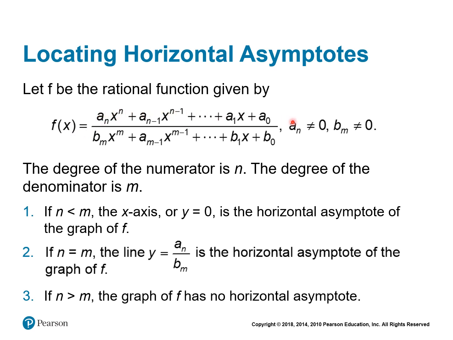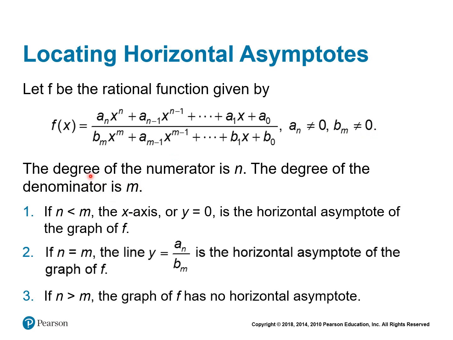f of x equals a rational function which has a polynomial expression in the numerator and a polynomial expression in the denominator, where a sub n is the leading coefficient of the numerator, is not equal to 0, and the leading coefficient of the denominator, which is b sub m, is not equal to 0.